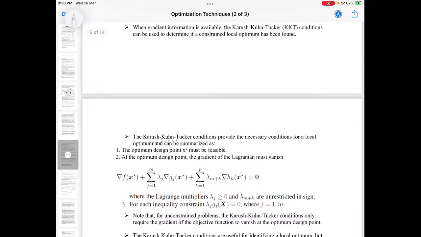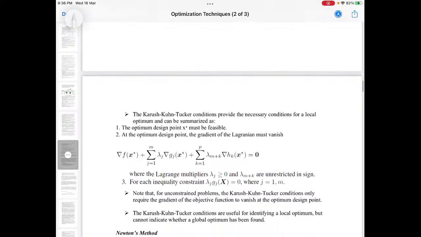The Karush-Kuhn-Tucker conditions provide the necessary condition for a local optimum and can be summarized as follows. Number one, the optimum design point x star must be feasible, and the gradient of the Lagrangian must vanish.